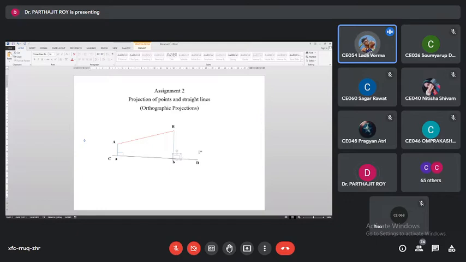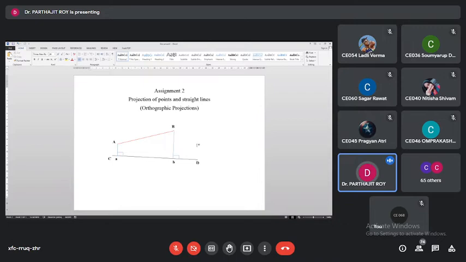Sir, we are taking the projection of AB on CD. Okay. So you are dropping a perpendicular from A on CD, another perpendicular from end B on CD.